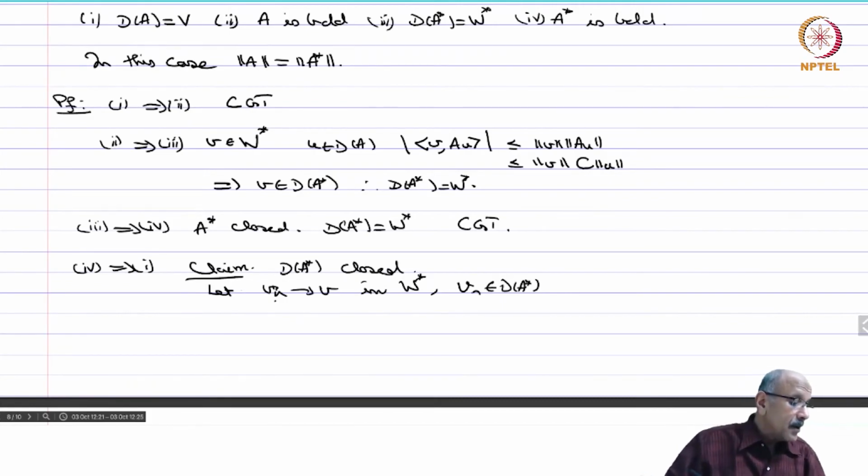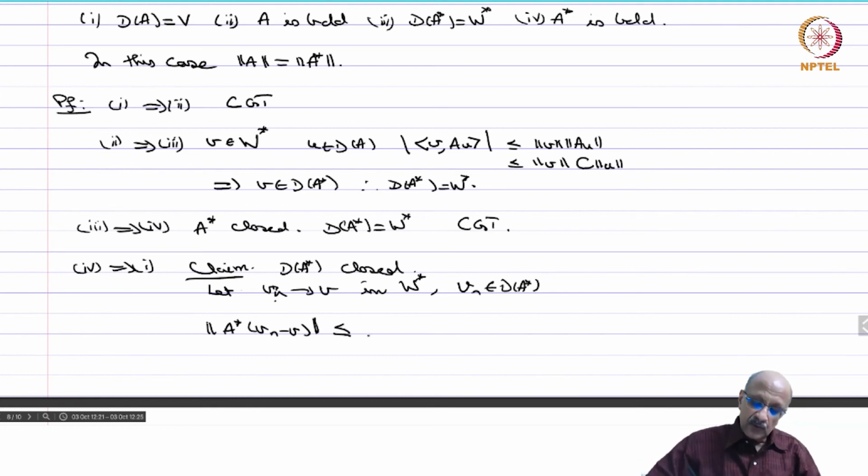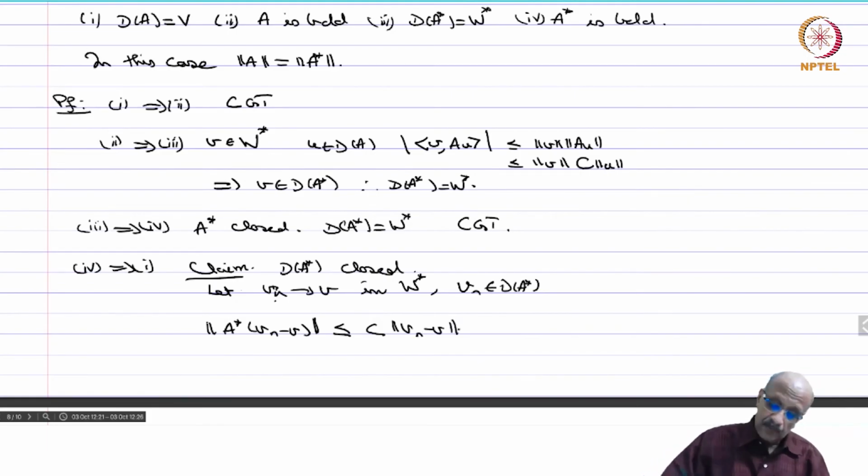Then the norm of A star Vn minus A star Vm is less than or equal to C times the norm of Vn minus Vm, because Vn and Vm are all in D(A star) and A star is bounded, that is statement number 4, and therefore you have this.